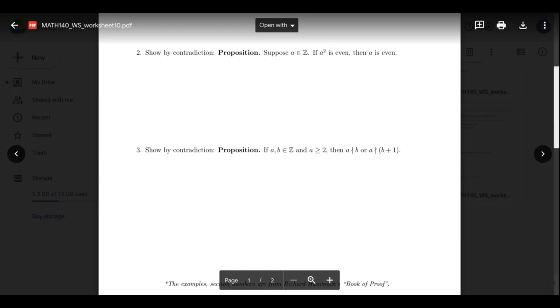This is just one way to use contradiction to prove the conditional statement.